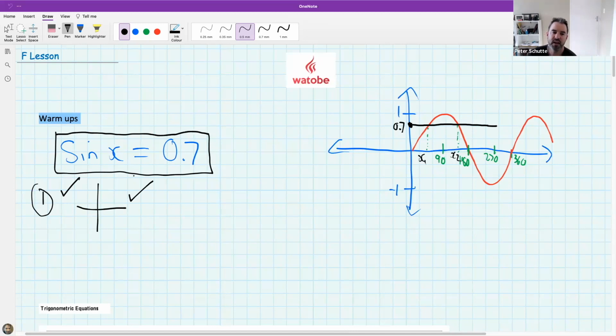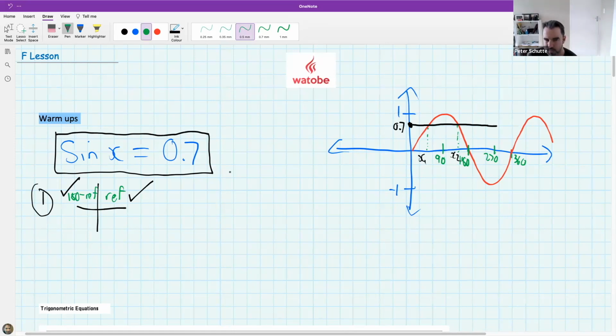Now, if we think about the angles in quadrant 1, I'm going to call this just the reference angle that we find, or you can call it theta if you like. And then I'm going to call the angles in quadrant 2 180 minus the reference angle, or 180 minus theta.